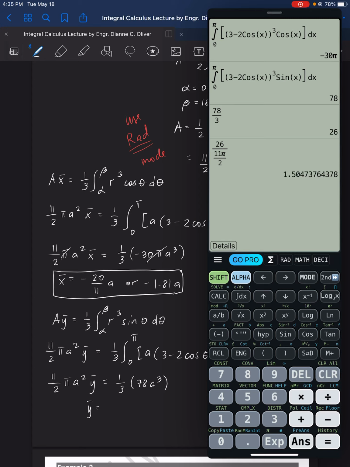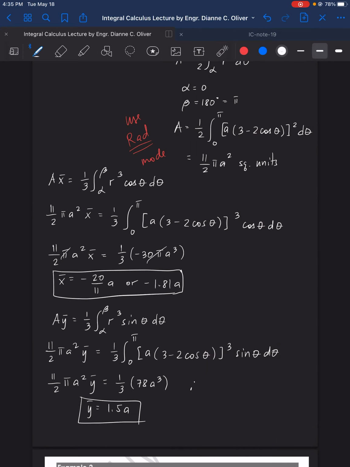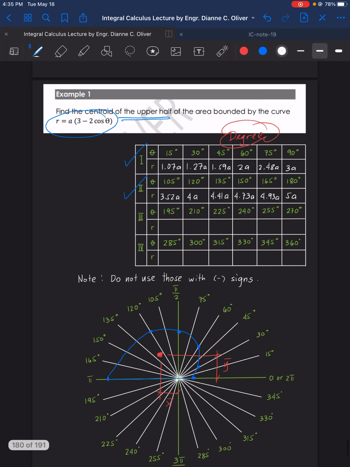So y bar is equal to 1.5a. Therefore, the centroid is at negative 1.81a and 1.5a. So that's for number 1.